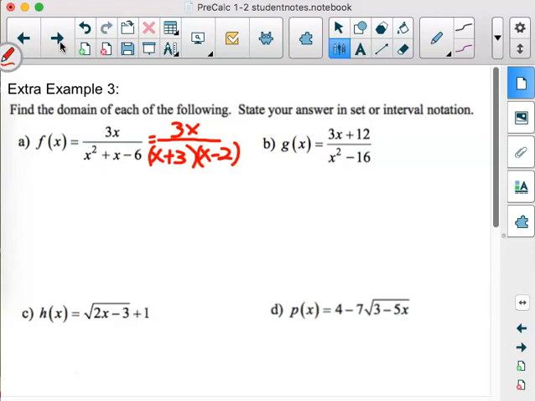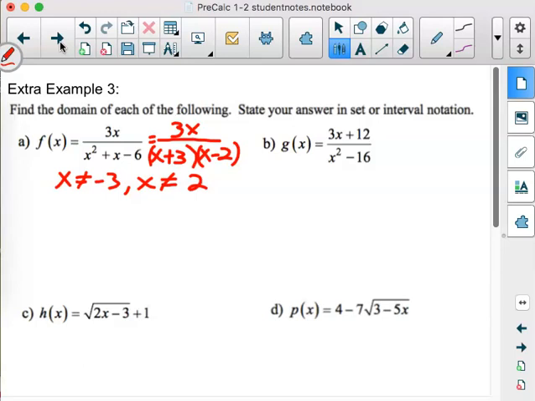So now, the x in the top is not a problem. That can be whatever it wants to be. My issues are, is there the possibility that there will be a 0 in the denominator? Are there any even roots? Well, yeah, there could be zeros in the denominator because we can't have it be -3 and we can't have it come out to be 2 because -3 plus 3 would give us 0. That would be a problem in the denominator, and 2 would be a problem in the denominator.